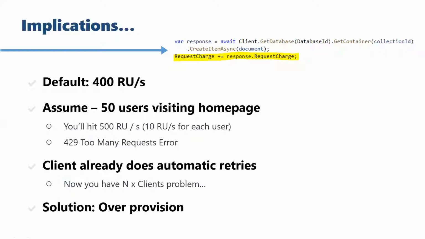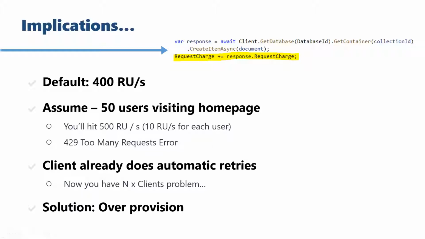Well, if I'm showing 10 or 15 items, it's very easy for me to consume in a single request to the server, 10, 15 request units. If I have 50 concurrent users hitting the homepage at the same time, I've now started to hit the 500 request units per second. And now I'm being throttled. Now I'm starting to get too many requests.